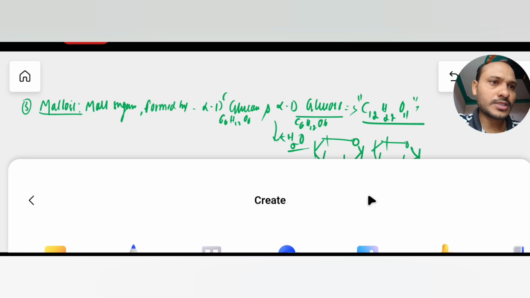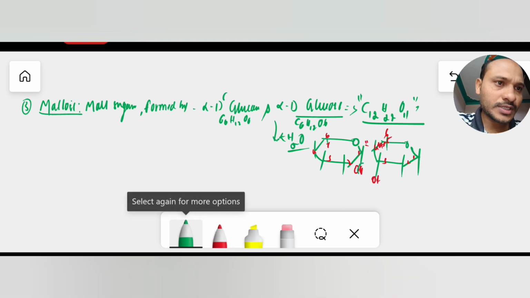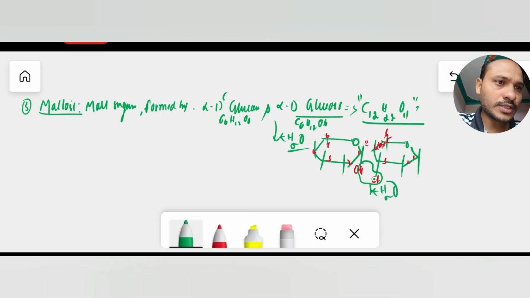See the example here. Carbon numbers 1, 2, 3, 4, 5 and 6, and again 1, 2, 3, 4, 5 and 6, like that we have six carbons. They are hexose sugars. And the bond is formed between alpha 1 and 4. So the bond will form like this: H from here is removed in the form of a water molecule, and a bond will be formed in between.